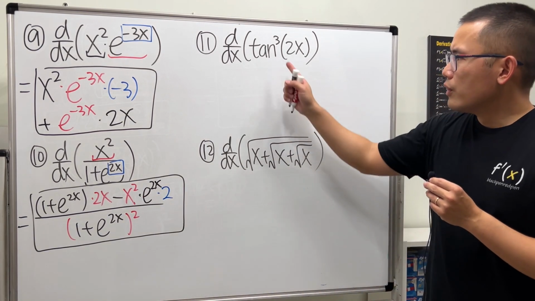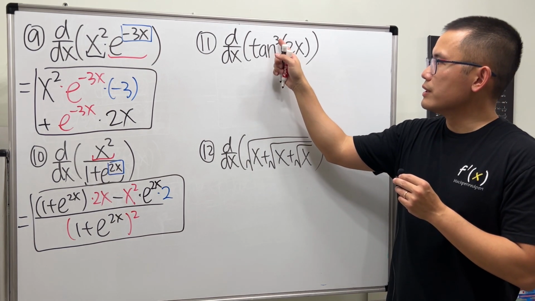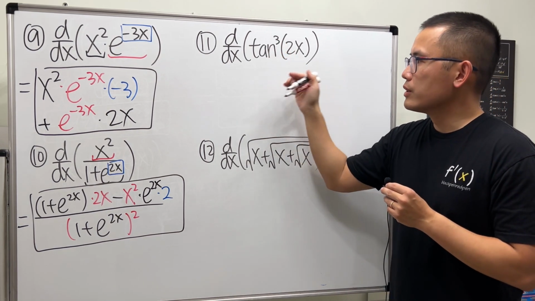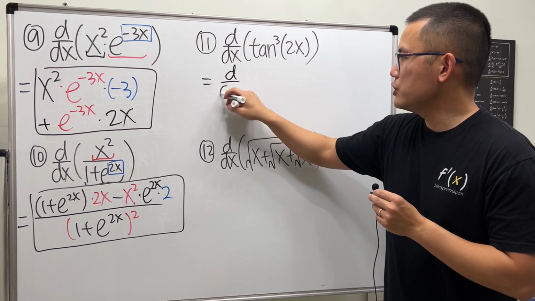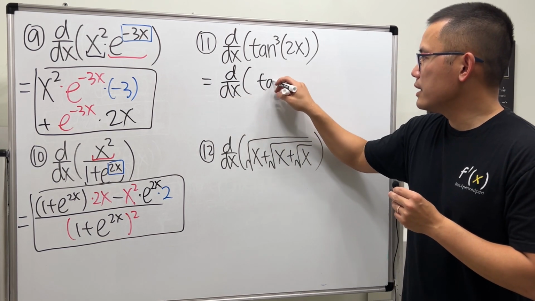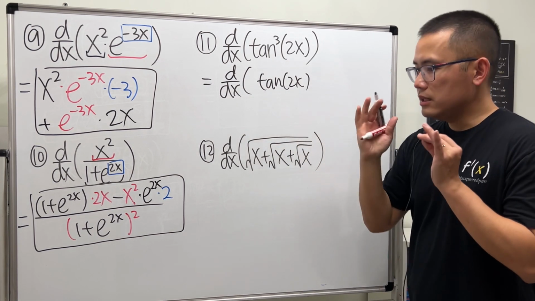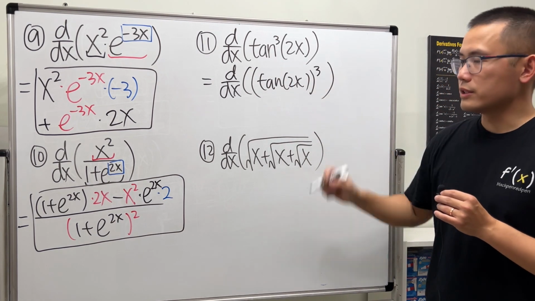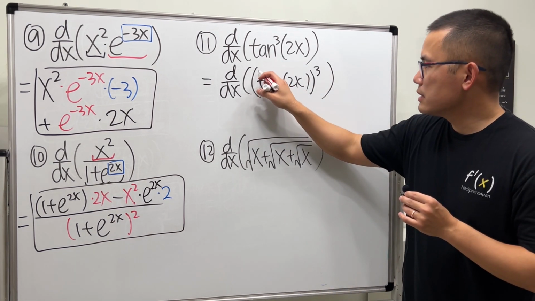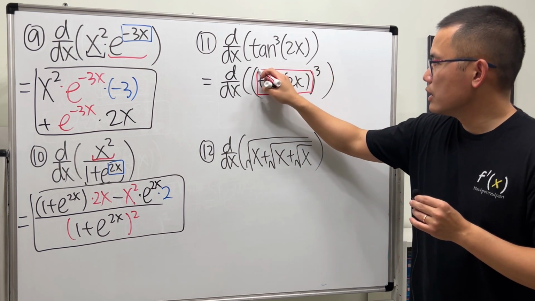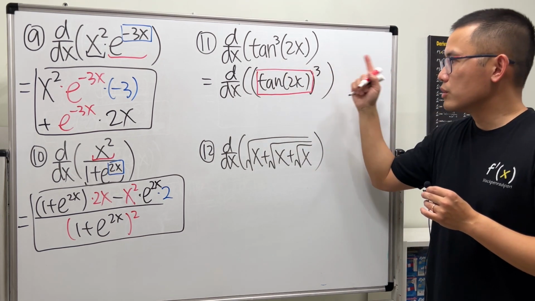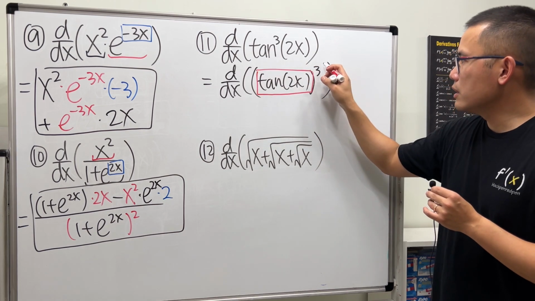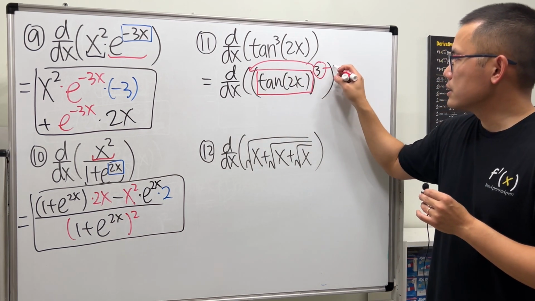Number 11. Notice here we have tangent to the third power written like this. So this means we have to differentiate tangent of 2x inside of a parentheses first, and then raise to the third power on the very outside. So the first step is that we have a box like this, raised to the third power. So the outer picture here, do the power rule first.